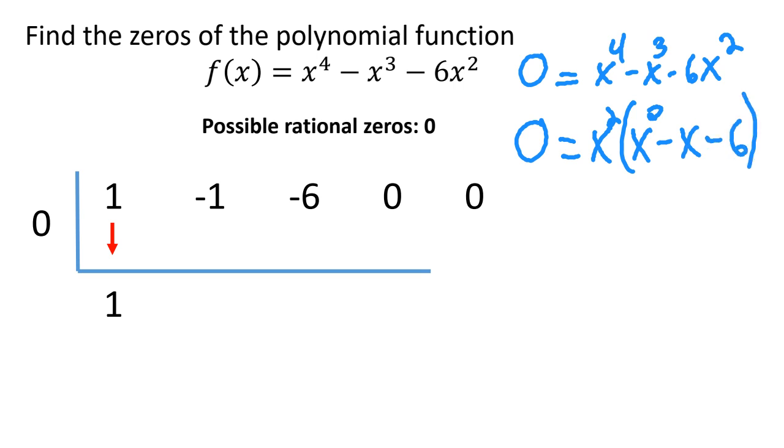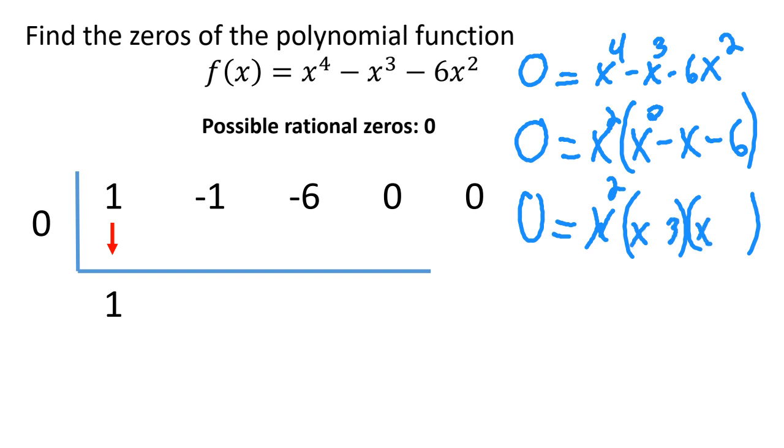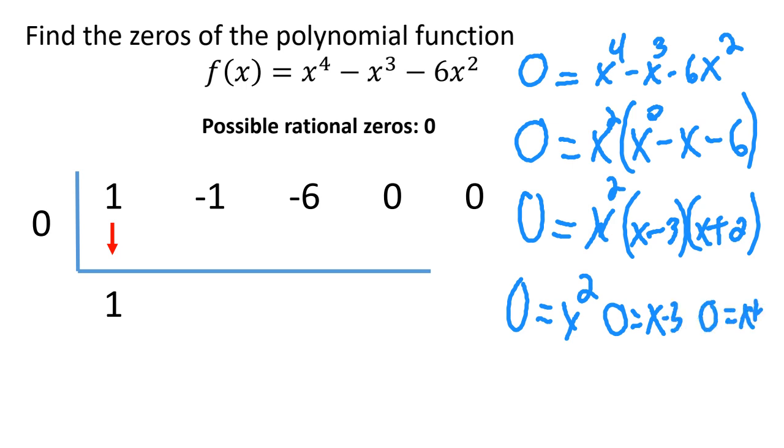So here we get x squared, if I can factor this, that would be x times x, and then 6 would be 3 and 2. My signs have to be different since I have a negative. And so if you notice here, by working it out this way, I can find my zeros probably a little bit quicker. Now if you feel more comfortable using synthetic division, then you can just use synthetic division. But if you feel comfortable factoring, then this would be one way to find your zeros.